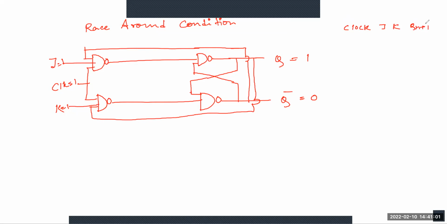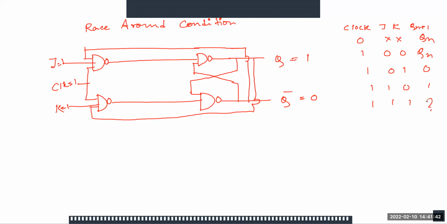The rows are 0 x x Qn, 1 0 0 Qn, 1 0 1 0, 1 1 0 1, and 1 1 1 Qn bar.